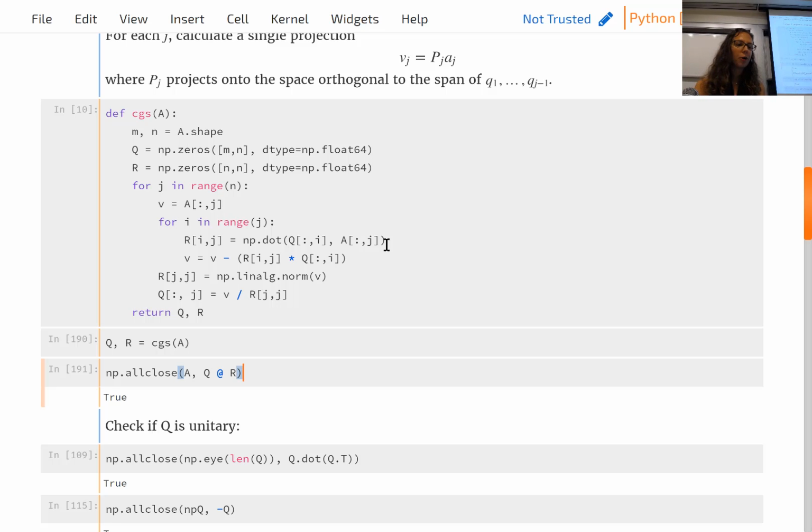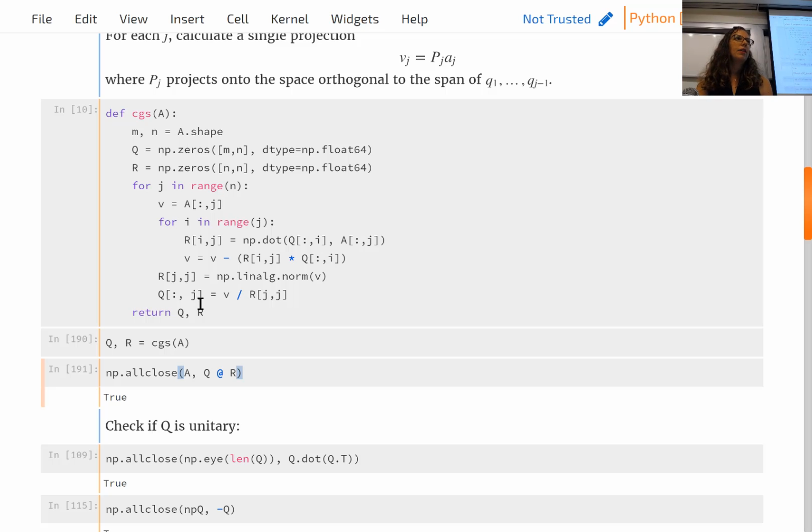For the case of Q3, the outer loop has j equals 3, and then we go in here and project the third column A3 onto Q1 and subtract that off, and project it onto Q2 and subtract that off. That leaves us with what we can use for our Q3.